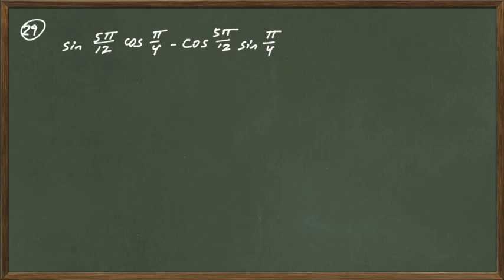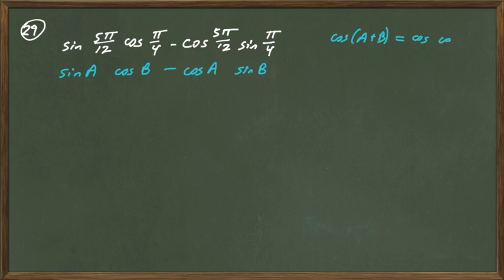29, we need to know which formula involves sine A cosine B with a minus cosine A sine B. Now, do you know which form that is? Because if it's a cosine, guys, it goes cosine, cosine.